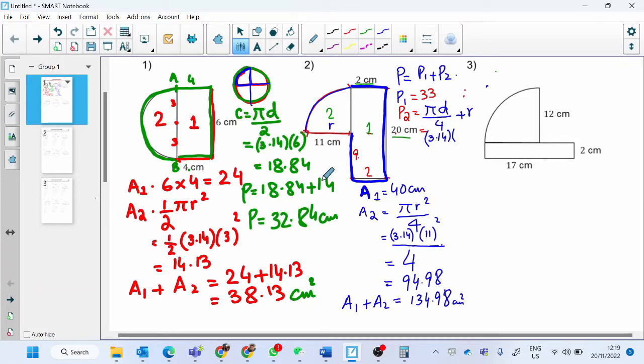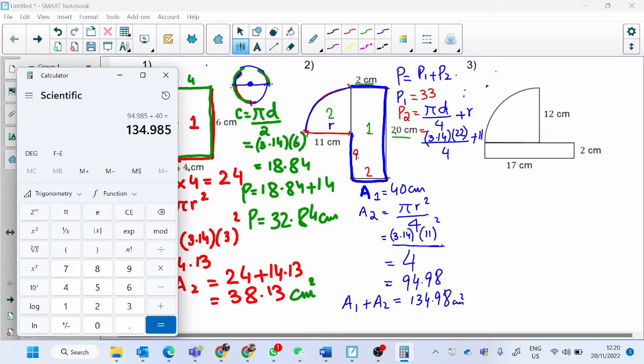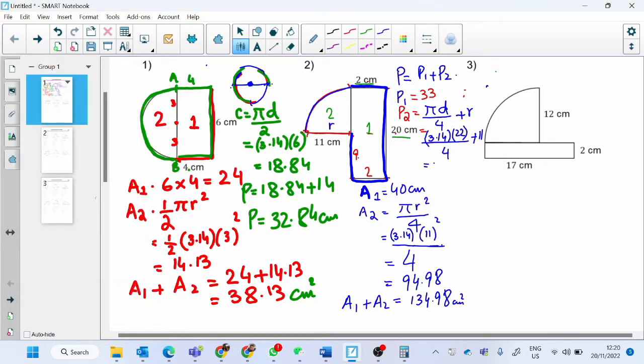If this is a radius, the diameter is always double the radius, right? So if the radius is 11, then the diameter is 22, divided by 4, plus the radius 11. So we calculate that, and then we add 11, and it gives us 28.27, the perimeter of P2.